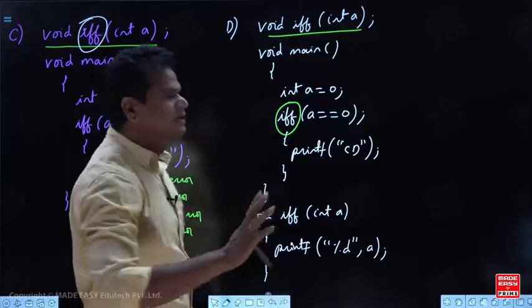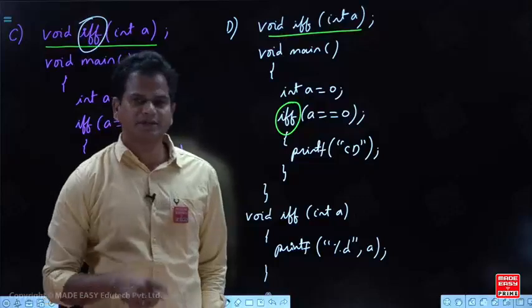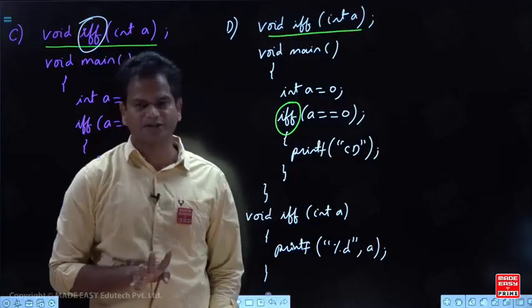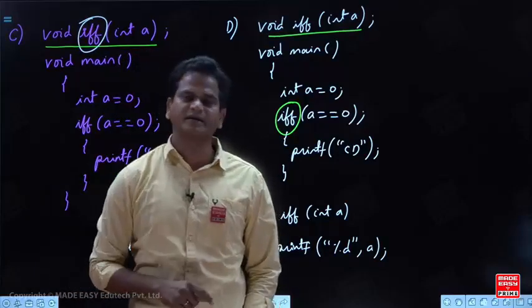So simple. Remember this in your mind: whenever you are using a function, it must be declared or defined before using it. If it is not declared or defined, it will throw a semantic error.